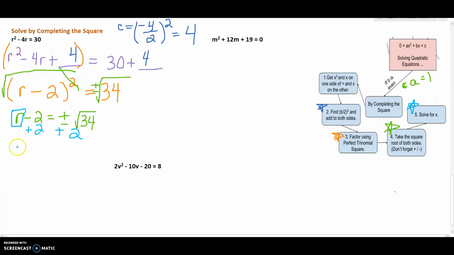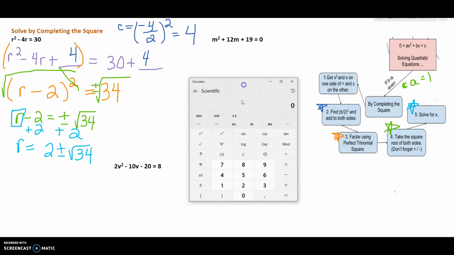And this sometimes looks a little tricky. So r equals 2 plus or minus radical 34. And it might ask us to put that in decimal form. So we can do that by doing 2 plus the square root of 34 equals.